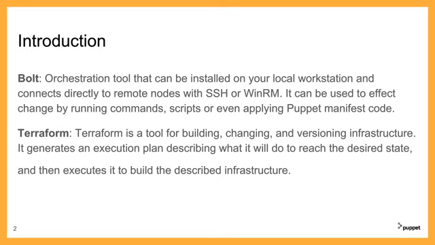So these transports enable us to execute commands, scripts, or what we call tasks on remote systems, which are great building blocks, but the real powerhouse is the Bolt plan. The Bolt plan is what allows us to orchestrate actions that happen over nodes or remote targets. We can even use plans to apply declarative Puppet code.